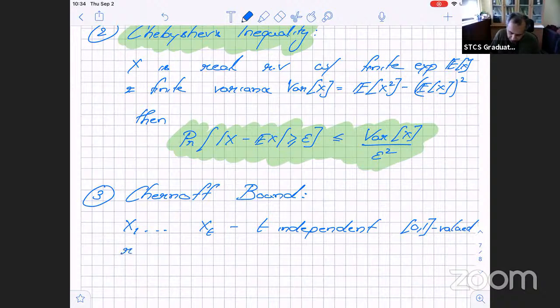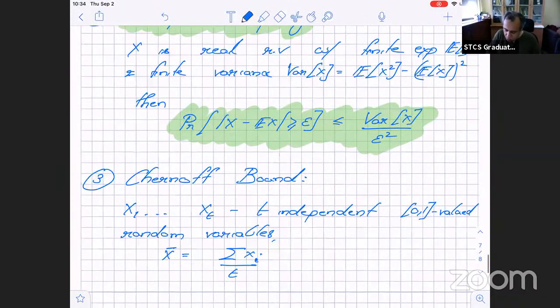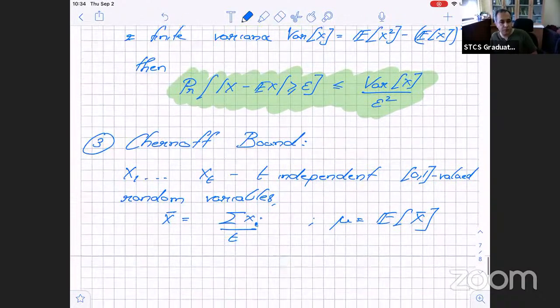They are not arbitrary real valued random variables. Let us define the random variable X bar, the mean of these Xi's, so it's the summation of Xi divided by t. Let mu denote the expected value of X bar.